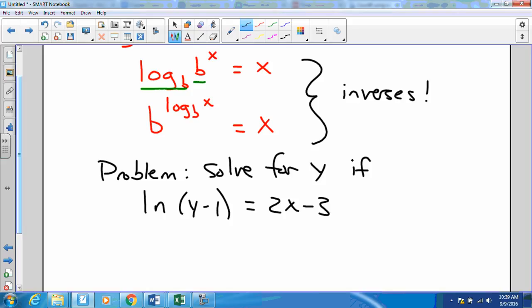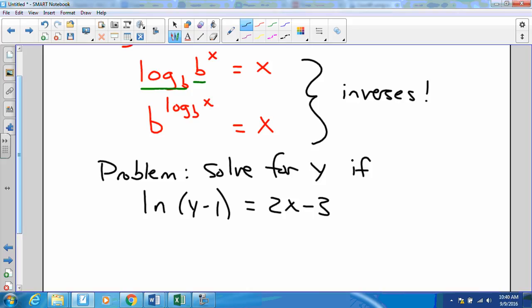Okay. So if I have something like this, ln of y minus 1 equals 2x minus 3. Little side note here, ln means log of what base? Log base e, that's right.